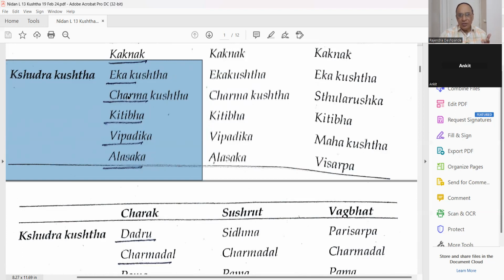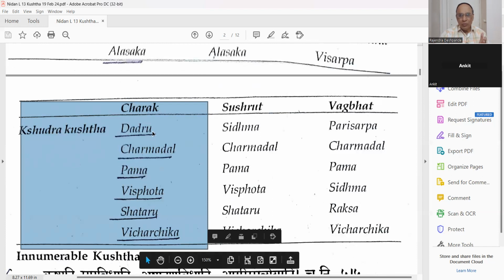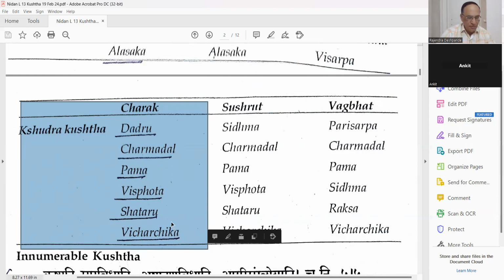Next, here you can write down these names: Dadru, Charmadala, Pama, Vispota, Shataru, and Vicharchika.